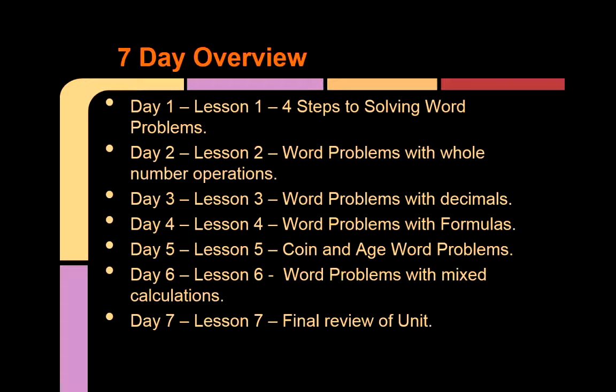Day 5 is coin and age word problems. Day 6 is word problems with mixed calculations, which means they'll use more than one possible combination of calculations. They may have to add and then subtract, or they may have to add and then multiply. And day 7 is the final review of the unit, and then they'll have their overall unit assessment.